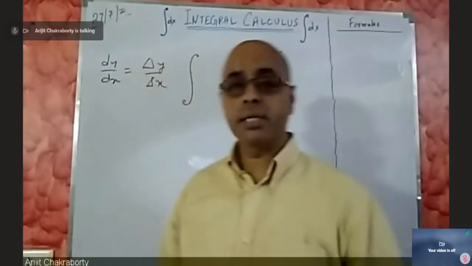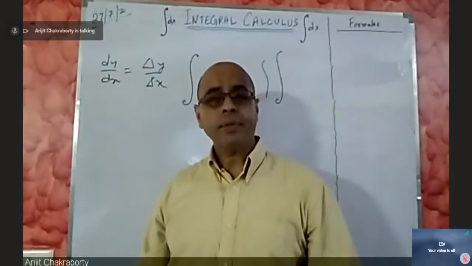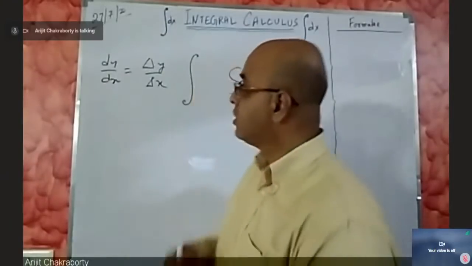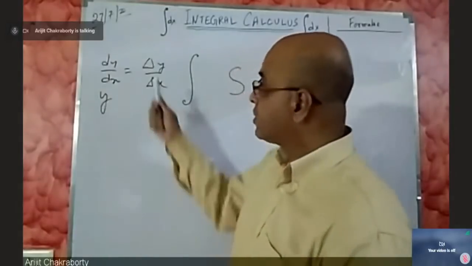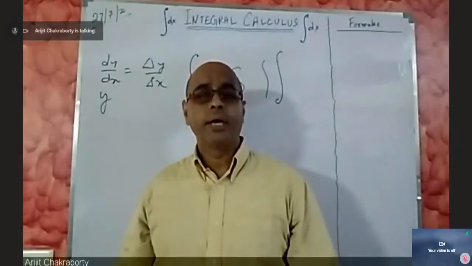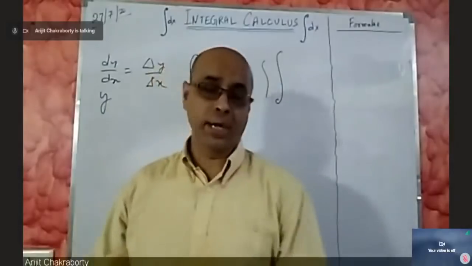Now first, dy by dx, we discussed, is known as the derivative of the function y, and delta y by delta x or dy by dx is a way of differentiating.